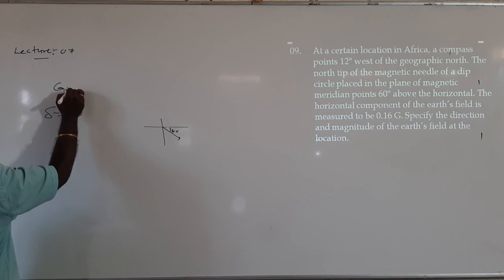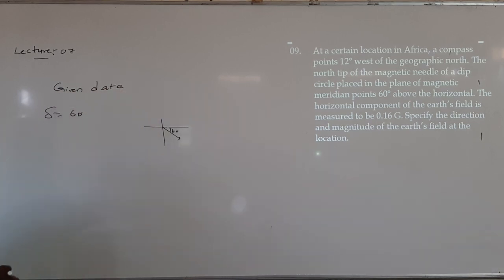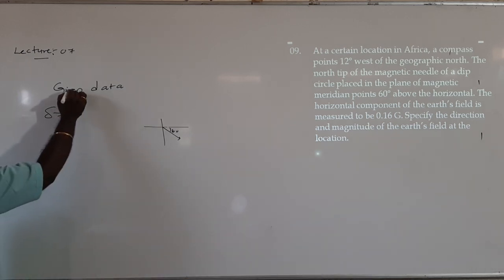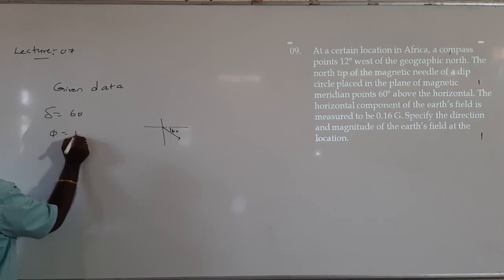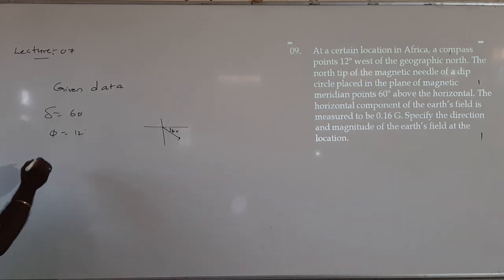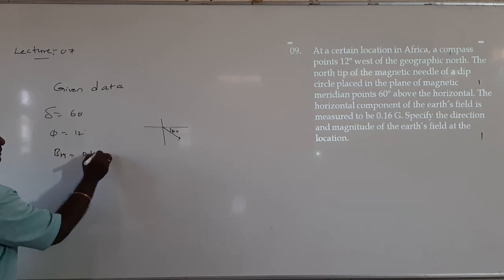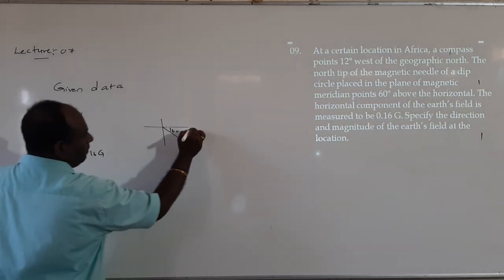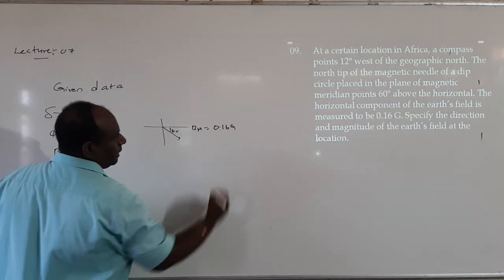Given data: delta equal to 60 and phi equal to 12. The horizontal component of the earth's magnetic field is B H is equal to 0.16 Gauss.